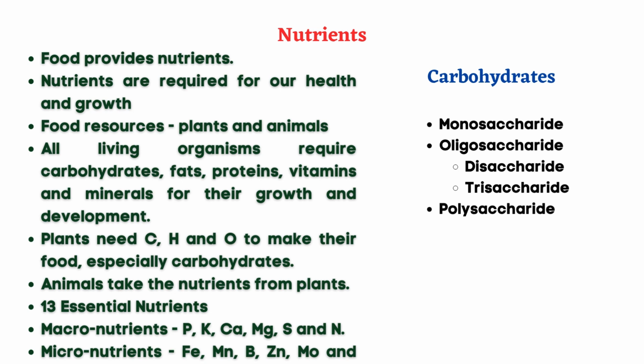The disaccharide and the trisaccharide can be called oligosaccharide. Oligo means a few. So the carbohydrate can be classified into monosaccharide, oligosaccharide and polysaccharide, and we have different examples for each category. We will discuss in detail later.